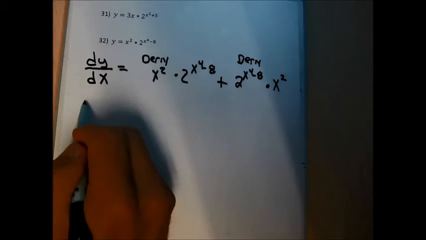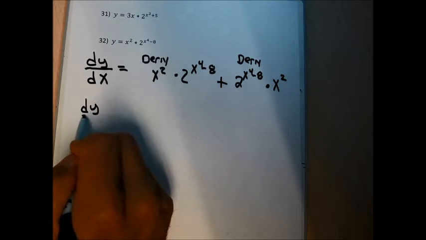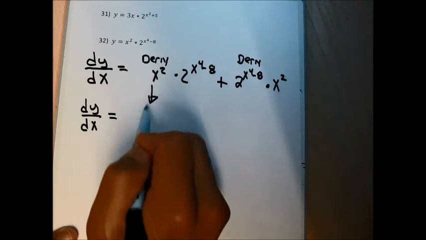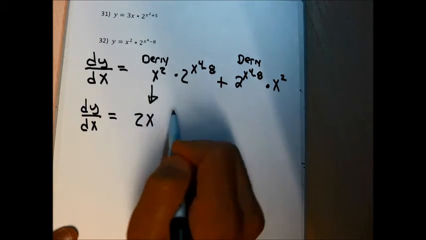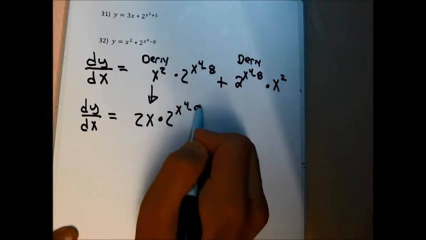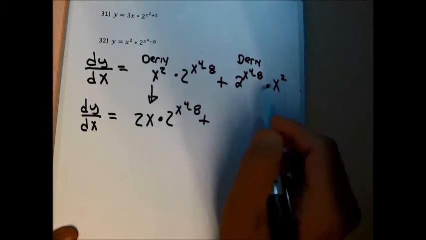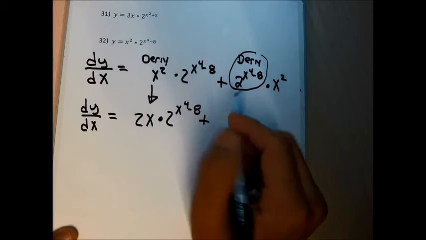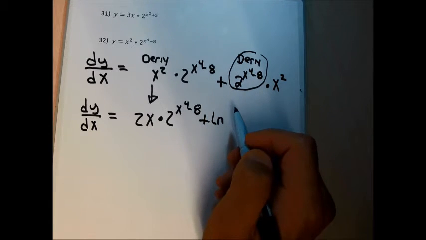Alright, let me do my derivatives. First one, I just have to do the derivative of x squared, which is 2x. So this derivative turns into a 2x, and then times 2 to the x to the 4th minus 8. And then plus, this derivative is ugly. First thing I get is a natural log of the base, so I'm going to get a natural log of 2.